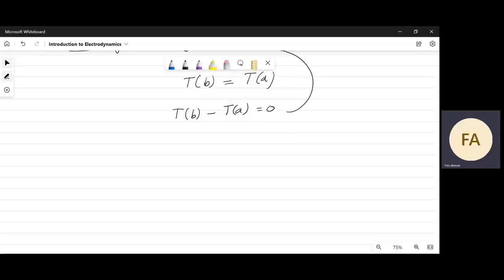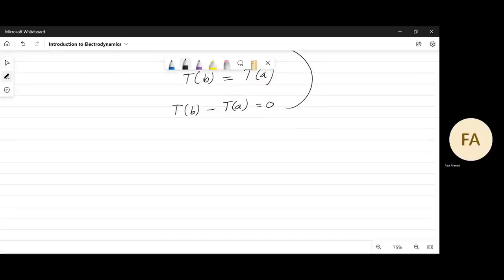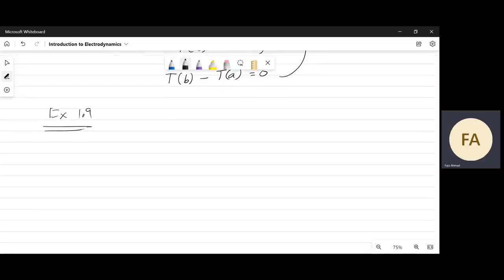So we have example 1.9, and we are given a function and we are asked to check the fundamental theorem for gradient. So we have a function t, and it's x y square.